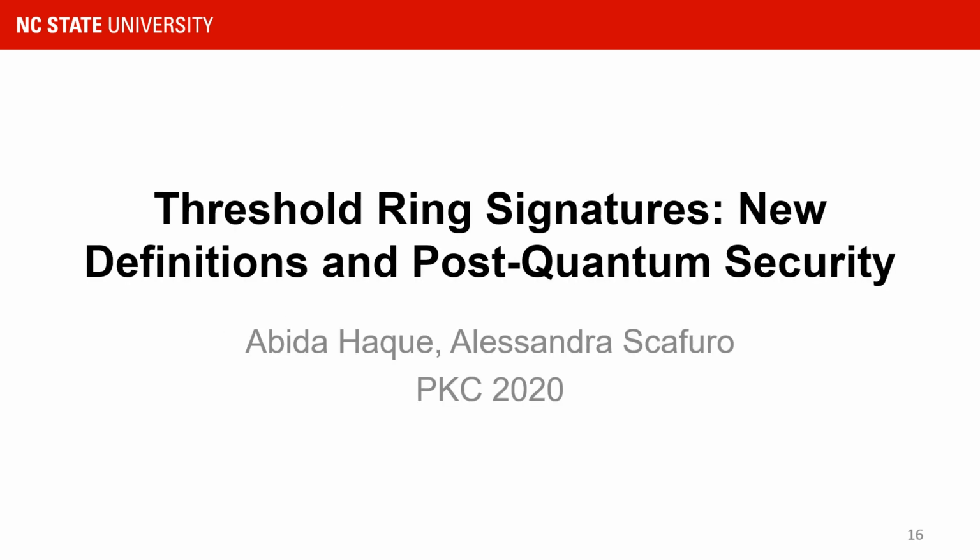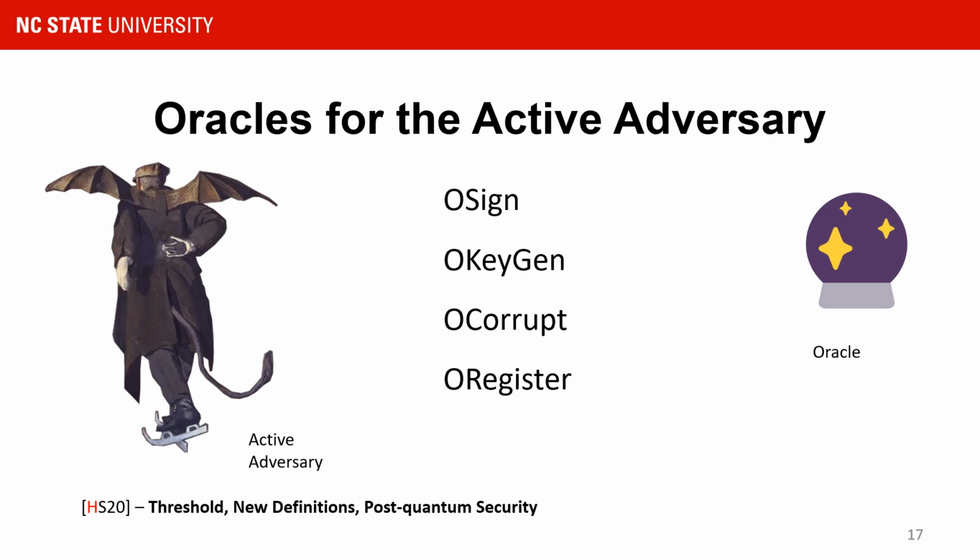Okay, I'm going to go into my work, which is my first work that comprises this thesis, which is threshold ring signatures, new definitions, and post-quantum security. I already talked about OSIGN giving the adversary access to an oracle that allows him to see many signatures.